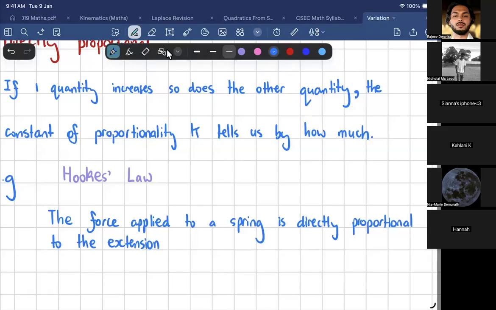Somebody doing physics, finish it off for me. If you were to write the proper definition for Hooke's law, what would I say after this? I would say granted that what? That the spring doesn't pass its limit. Exactly, and you have to be specific. You'd say granted that the spring does not pass its elastic limit.